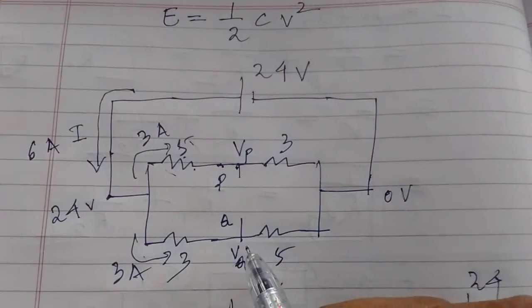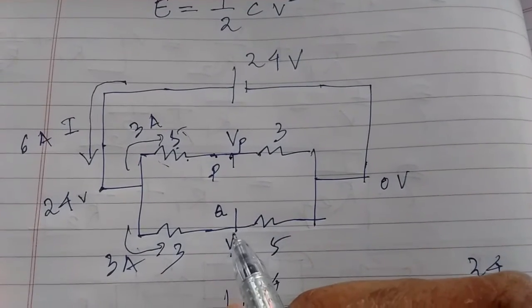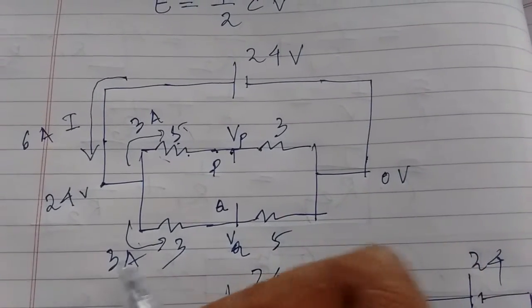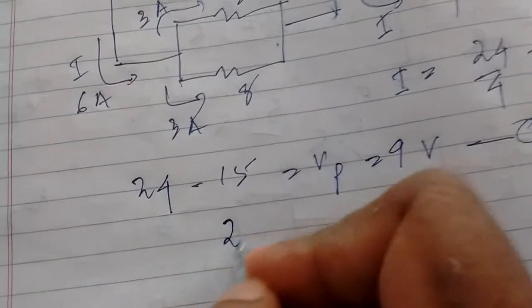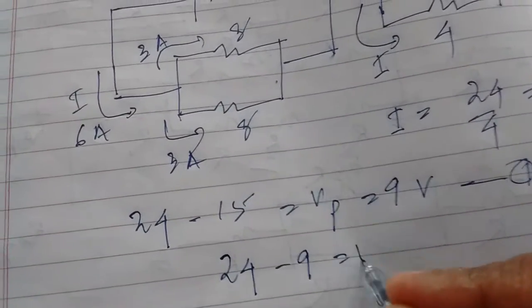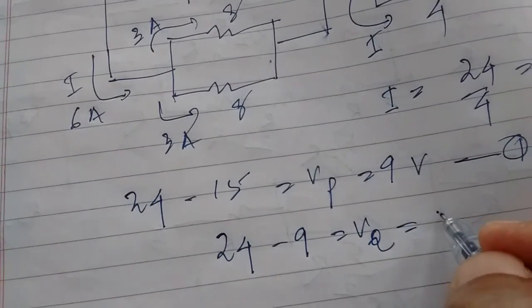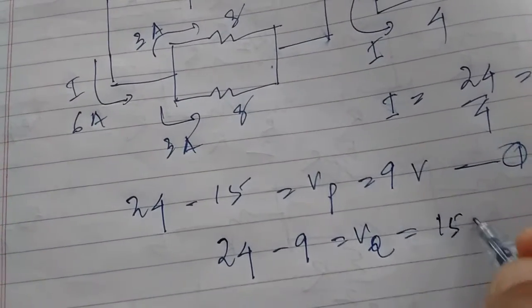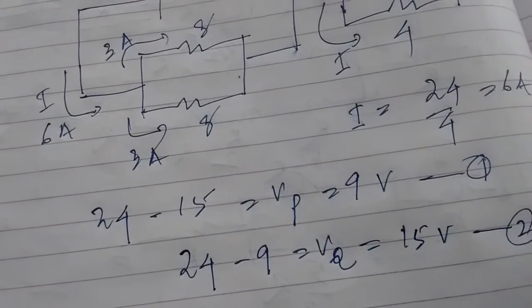Similarly, what is the value of Vq? 24 minus this drop is equal to Vq. This drop is nothing but 3 into 3, 9 volt. So 24 minus 9 is equal to Vq, that is 15 volt. This is equation 2.